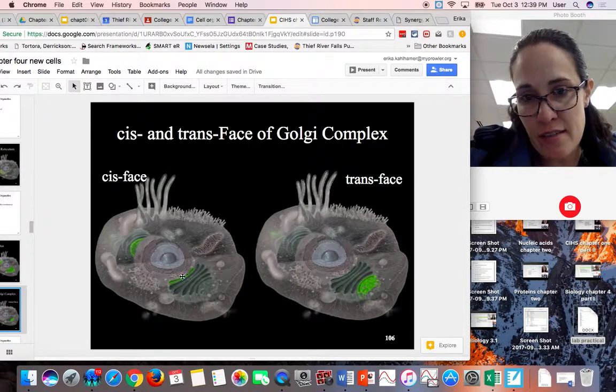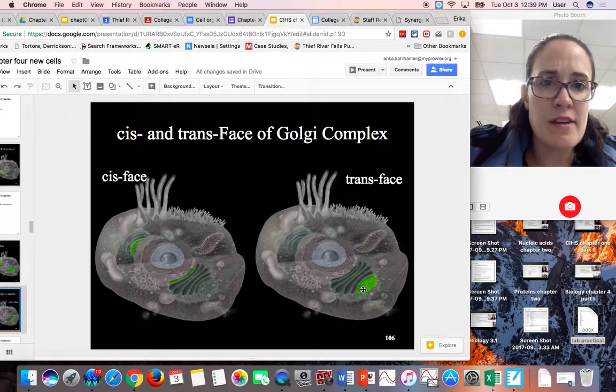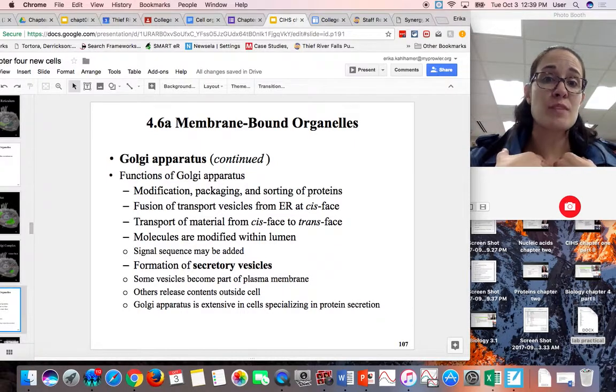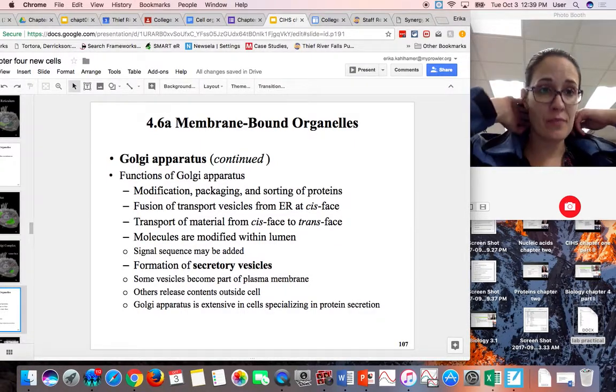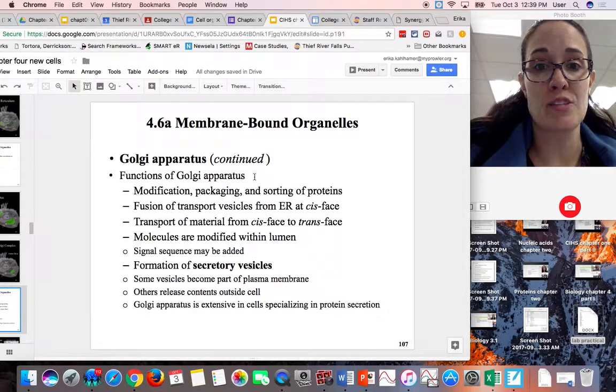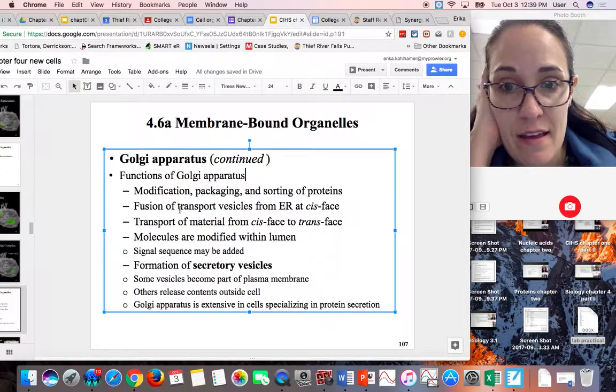The cis face of the Golgi is closest to the rough ER, and the trans face is further away. The Golgi apparatus is receiving proteins from vesicles that have come off the rough ER. It's going to take those proteins, modify them, package them, and sort them. The nickname of the Golgi, make sure you know, is the post office.